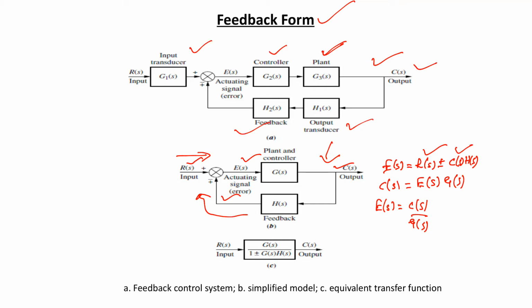Okay, now we also know that C(s) divided by E(s) is equal to the transfer function G(s), so C(s) is equal to E(s) times G(s), and E(s) is given by C(s) by G(s). Now substitute this into the equation.